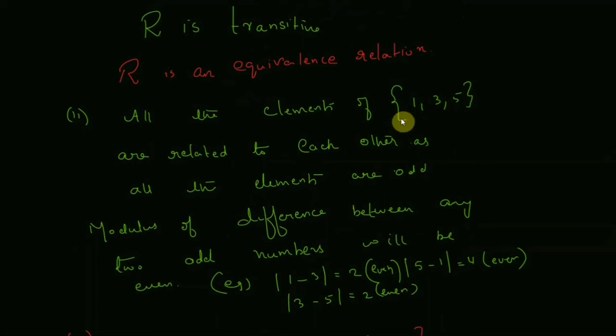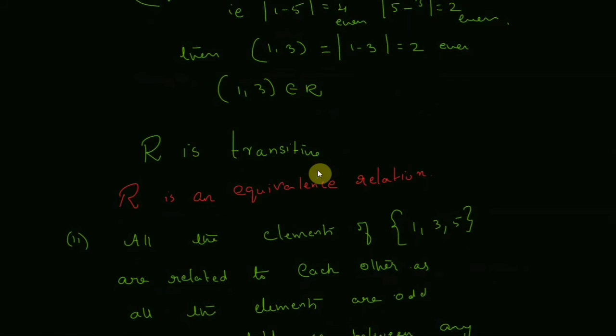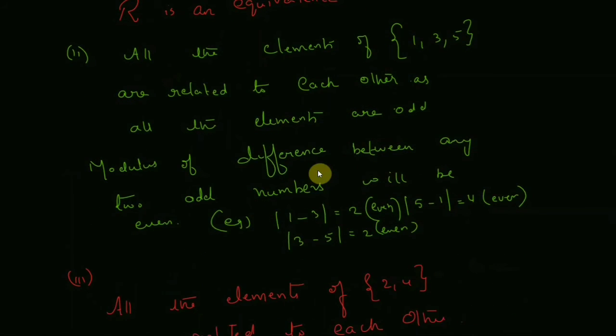For example, for 1 and 3 it is 2, and for 3 and 5 the modulus of the difference is 2. As all the elements are odd numbers, the modulus of the difference between any two odd numbers will always be even. The condition is that the difference should be even, so they are related to each other.